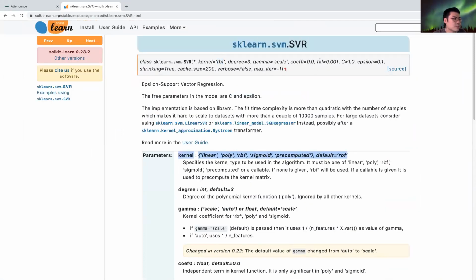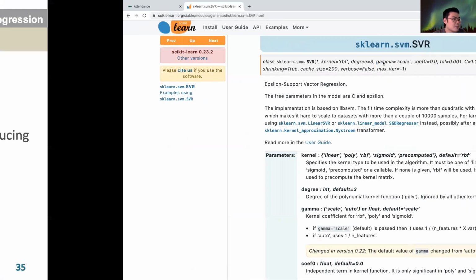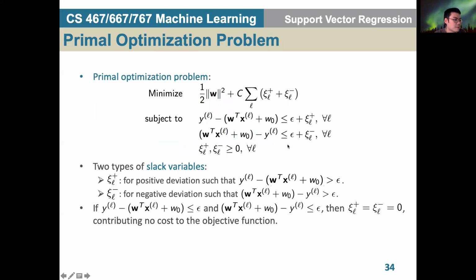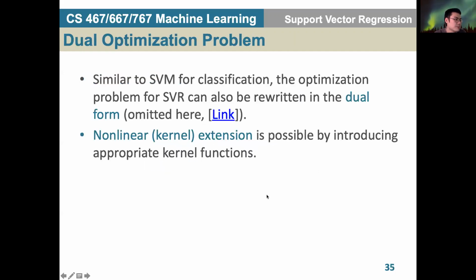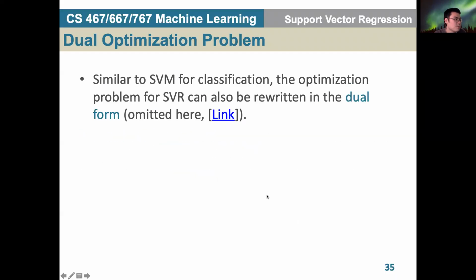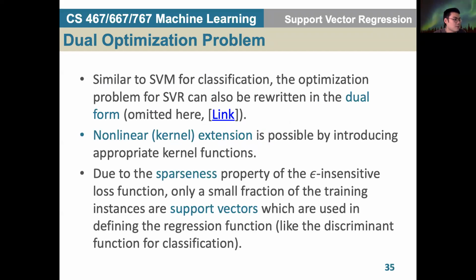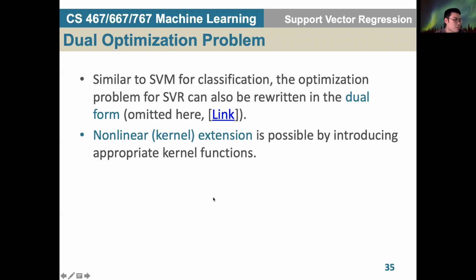The only difference, besides C, is that we have epsilon. This epsilon is this epsilon. Originally we have a margin of 1. Now we have an additional epsilon that you need to fit. So that's the only difference. And due to sparseness, only a small number of rows have their alpha nonzero. They are called support vectors, and they decide the shape of this line.